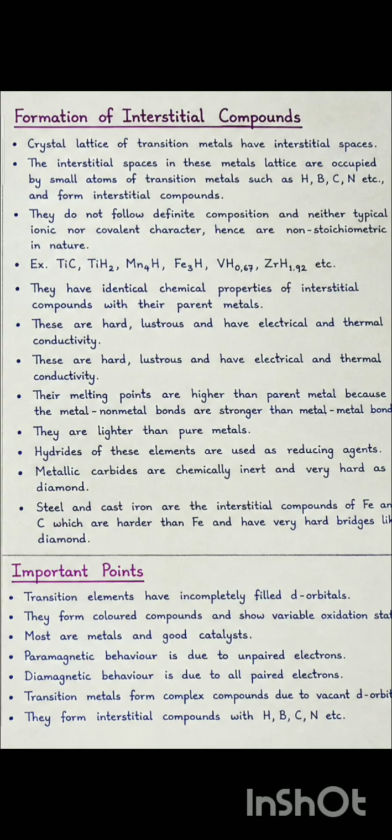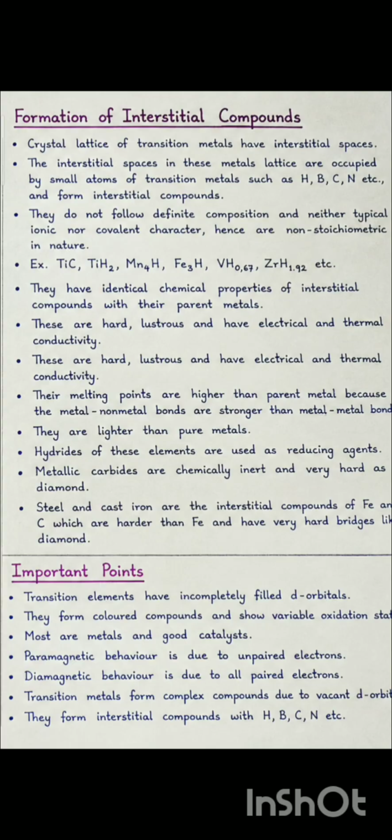Examples: TiC, TiH2, Mn4N, Fe3H, VH. They have chemical properties identical to their parent metals. These are hard, lustrous, and have electrical and thermal conductivity.